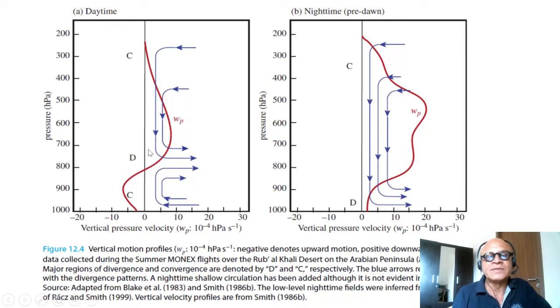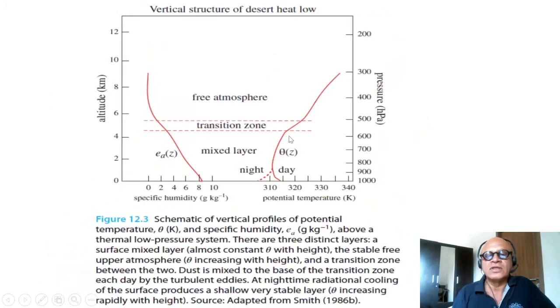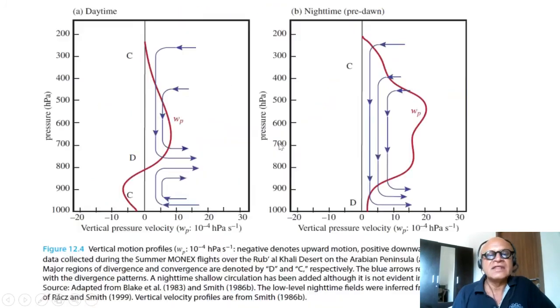It's different, but intuitively it makes sense once you look at it. The heating at the surface creates rising sensible heat, dry eddies taking up the warmth from the surface into the atmosphere, creating the mixed layer that we talked about before. And then we are going to have cooling and adiabatic compression as the air sinks above.